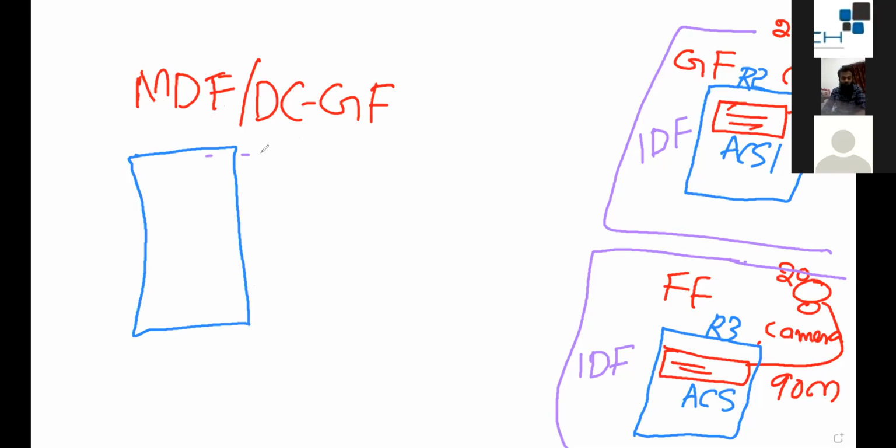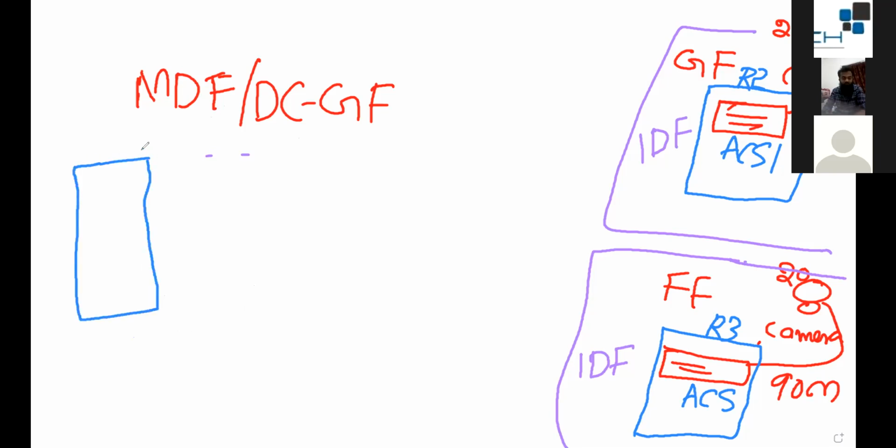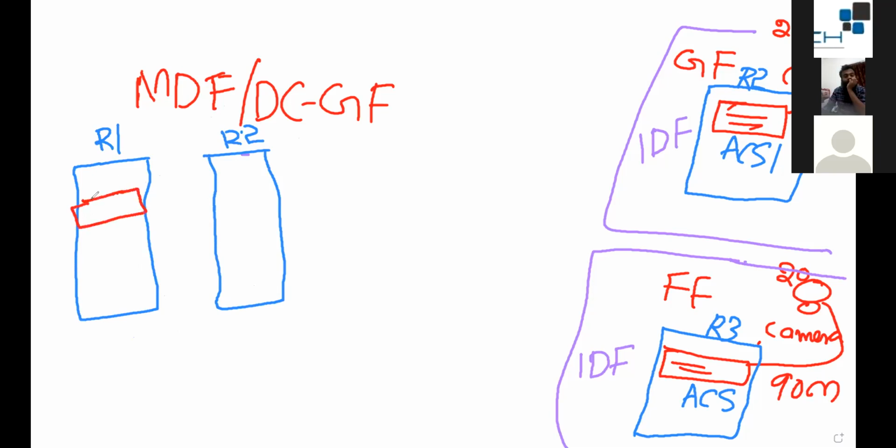So let's say I have rack 1 and rack 2. Then I have two switches. One switch here and one switch here. This is the best practice and recommended solution always.